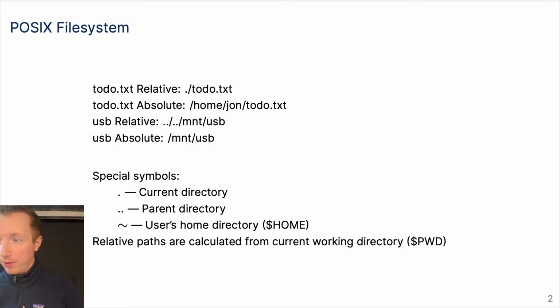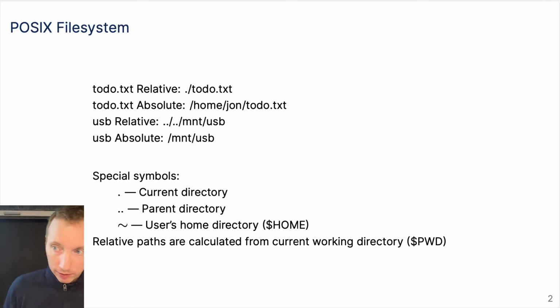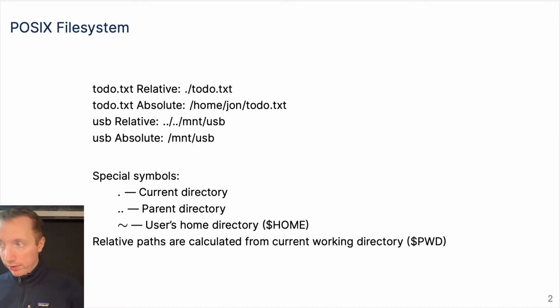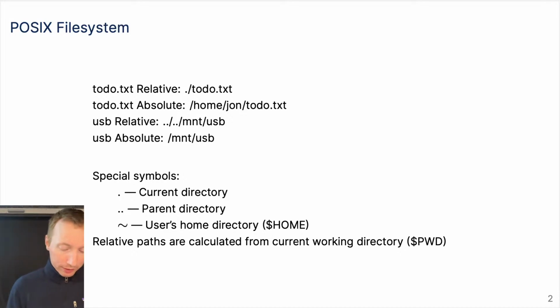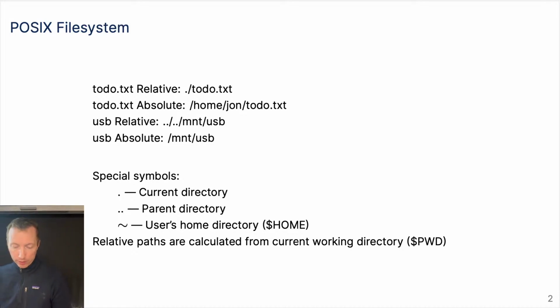Within all the directories, there will be an entry called dot, which refers to the current directory, and .. is the parent directory. And then the tilde is the user's home directory, which is usually also an environment variable called HOME. Relative paths are always calculated from the current working directory, which may be set with an environment variable like PWD.